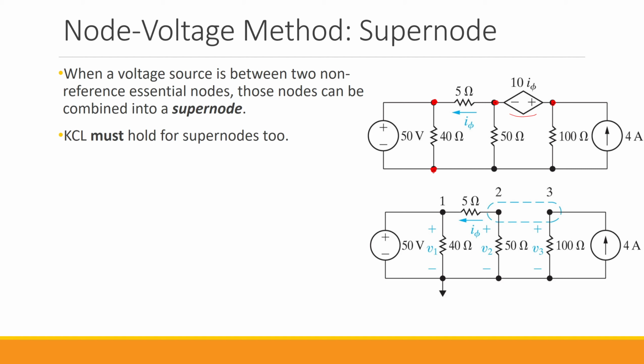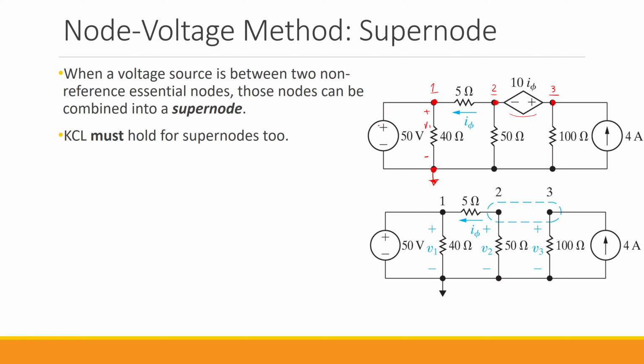Let's consider this to be the reference or the ground because it has more elements connected to it, and then number the rest of them. We have 2, we have 3. One thing we soon notice is that the voltage at node 1 is already known.